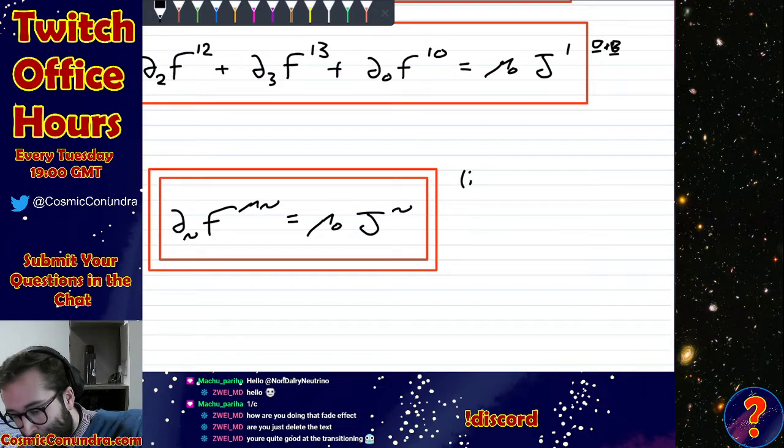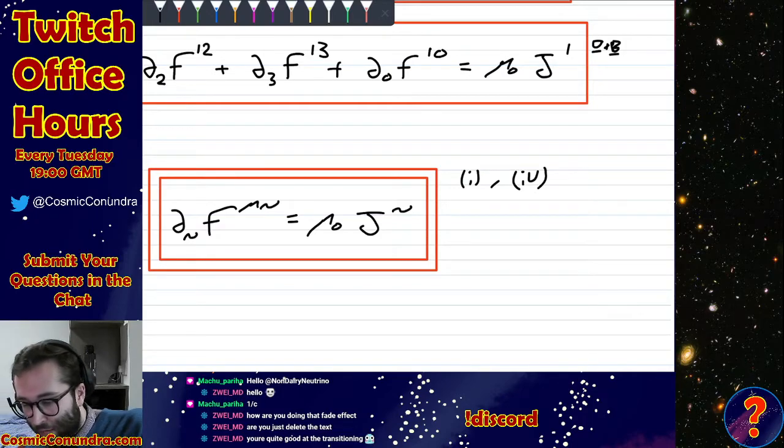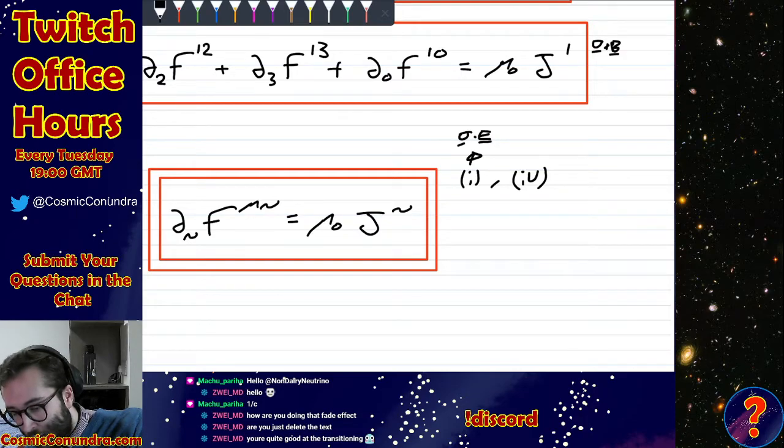This is the covariant way of writing equation 1 and equation 4 of Maxwell's equations, which I'll remind you are this one involving the divergence of E, and this is the one involving the curl of B.